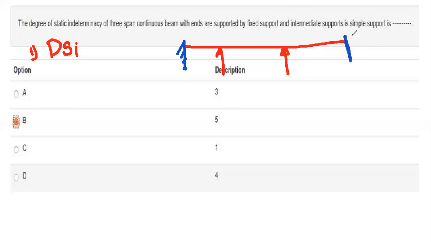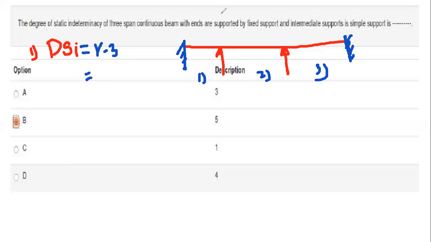Now this particular beam is the three span continuous beam. See how many spans there are: this is one span, this is the second span, this is the third span. For this beam we have to find out the DSI. We know that for a continuous beam, DSI is given by the formula R minus 3, where R is the number of unknown reactions.